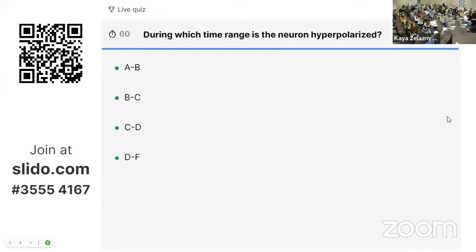Okay. Looking at those time ranges, where do we have that neuron hyperpolarized?